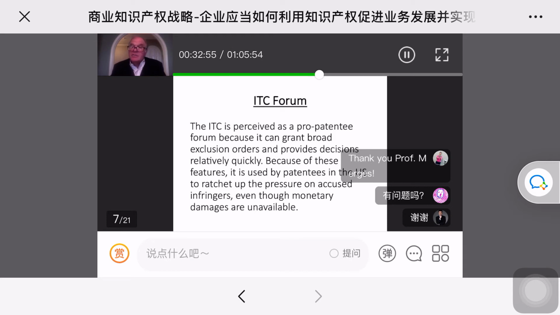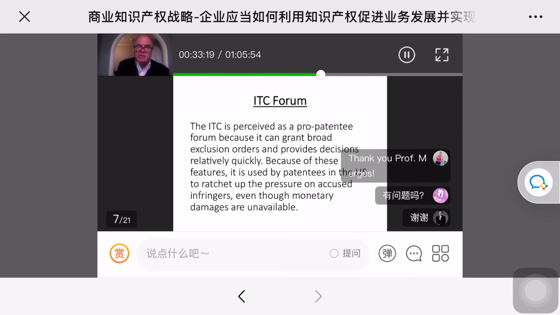It can keep out imports in a way that is easier and more effective than the same kind of remedy in a court. And so that is a good forum for IP owners, and that's the one where our drone story plays out. That's the one where the drone story really took place.